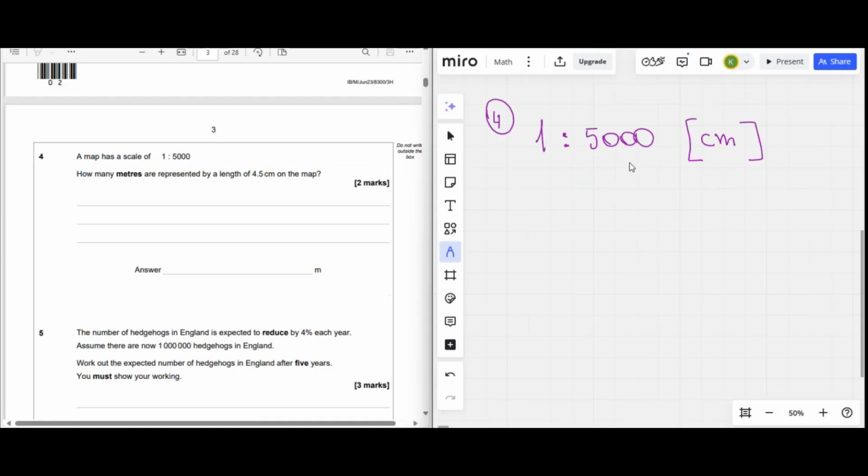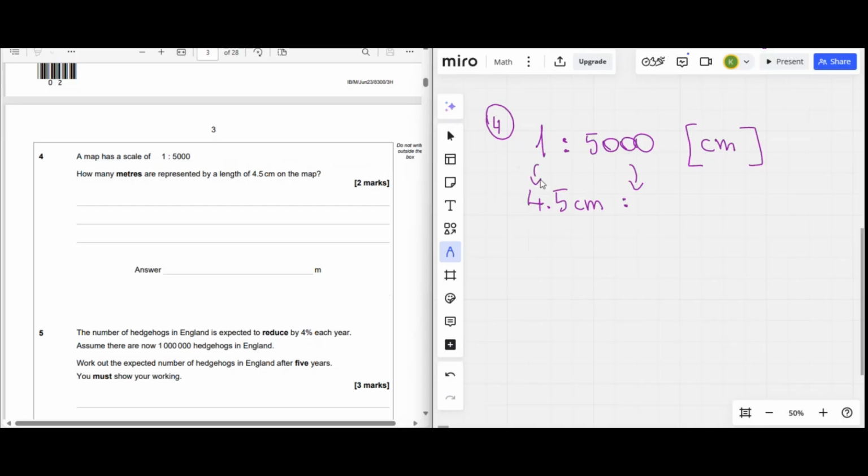How many meters are represented by a length of 4.5 centimeters on the map? From the ratio, we can multiply that 5,000 by 4.5.